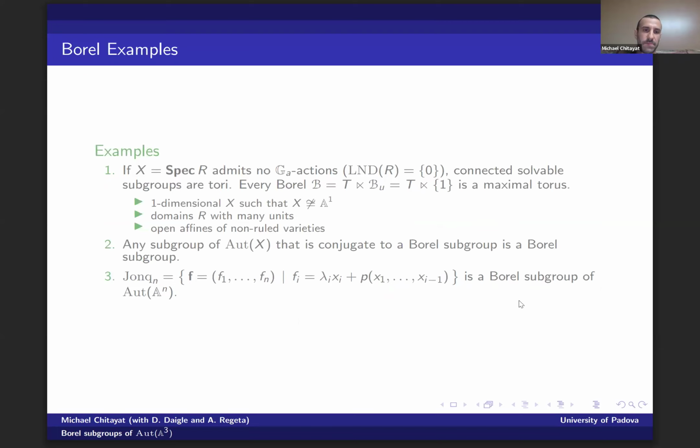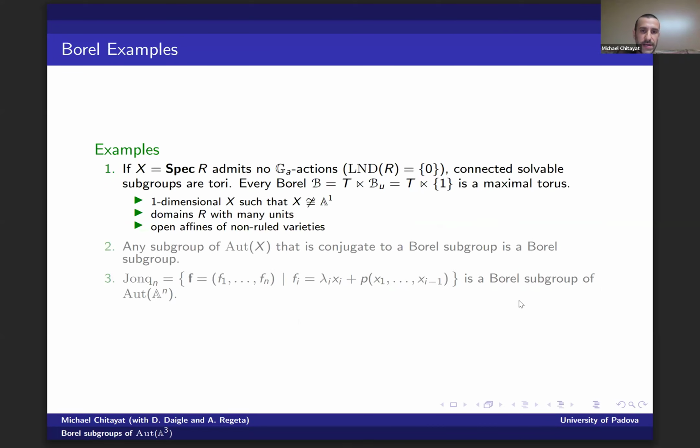Okay, so some basic examples. If X admits no GA actions, or equivalently, if the corresponding coordinate ring R admits no LNDs, then connected solvable subgroups are just tori. And that's because here this unipotent part is just trivial.